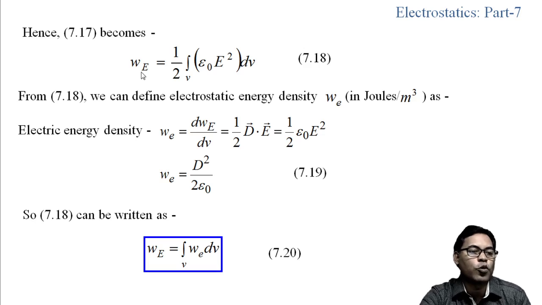Now this is the total electric energy. From that we can find the energy density, because if we take the derivative of this expression with respect to the volume, we get the energy density.